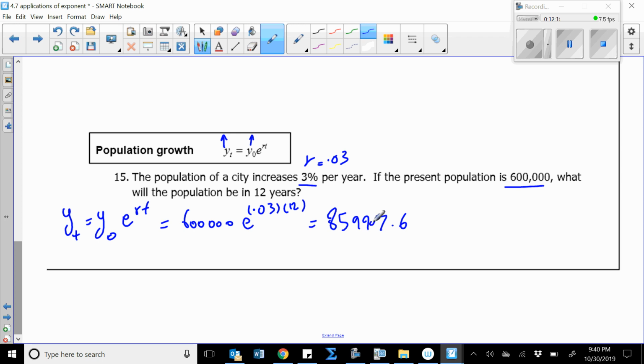Actually we had 3 nines here, so 85997.6, which, because we are talking about the population, we cannot have a decimal number. You can just write it as 85997 or round it as 86000.